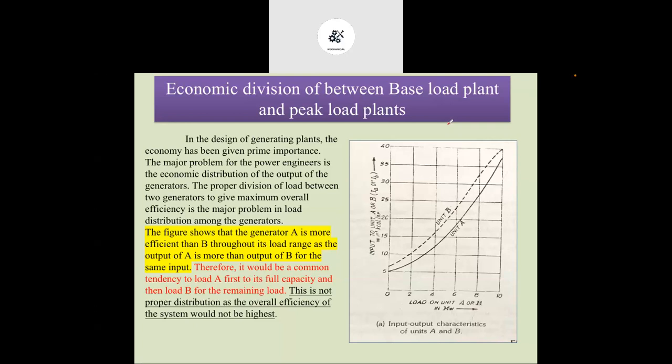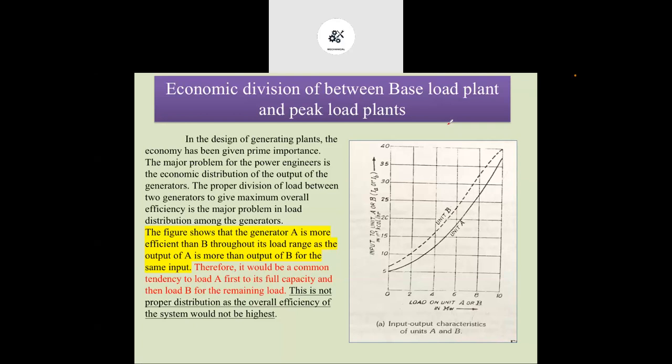Also the economic distribution between those two power plants matters, because the two power plants will have two different generators, each having different efficiency and different operational characteristics. It means if we change the load on a particular generator, it will give a different efficiency.